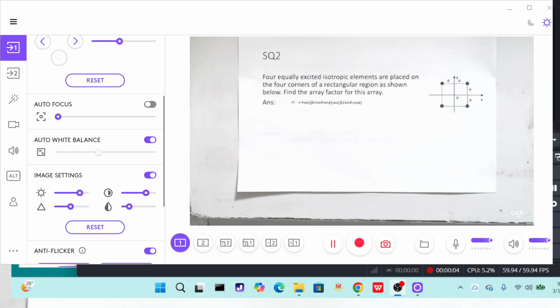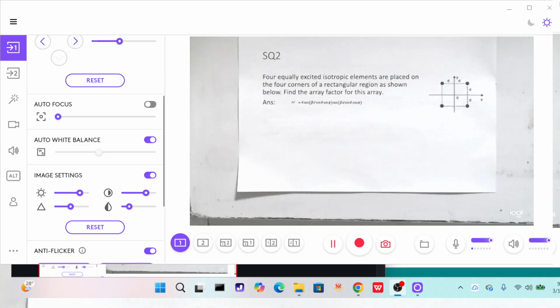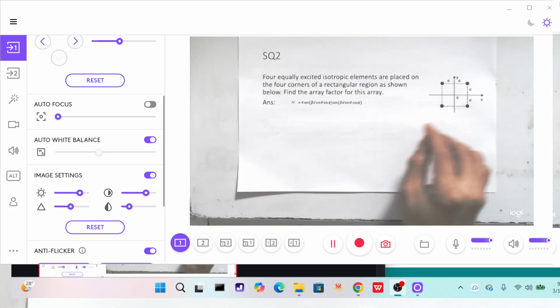Hello everyone. In this video, I'm going to walk you through question SQ2 of our supplemental antenna exercise. We are given four equally excited isotropic antennas at four corners of a rectangular region.